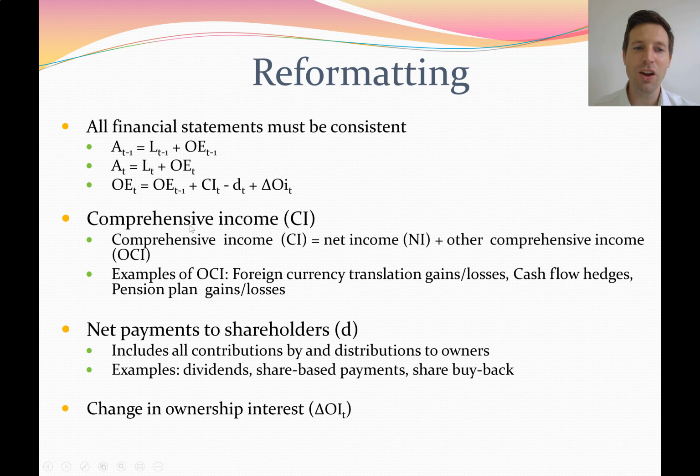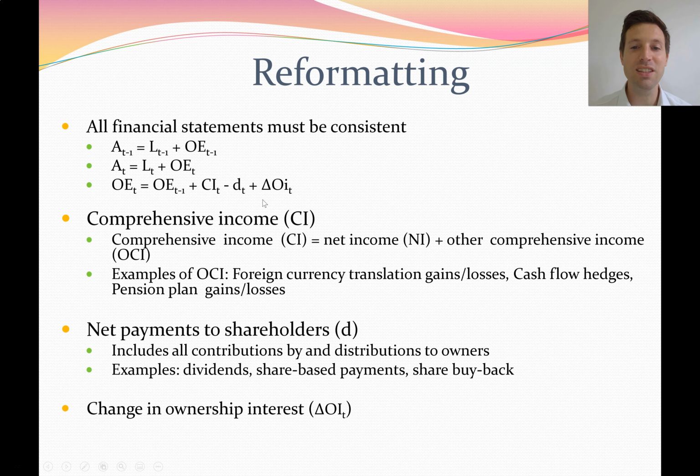Comprehensive income, as a recap if you're not familiar with the term, is different to your net profit. Comprehensive income includes other comprehensive income items, which are things that influence the firm's ending equity balance, but do not influence the revenues or expenses on the profit and loss statement.